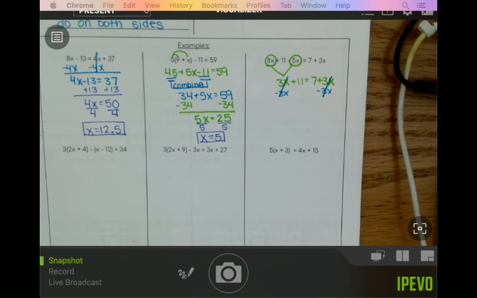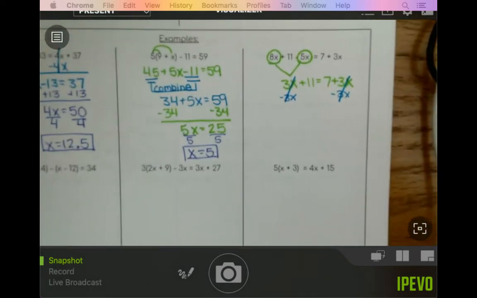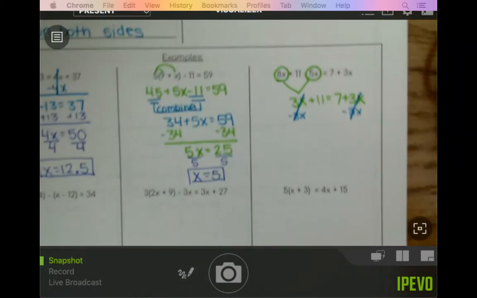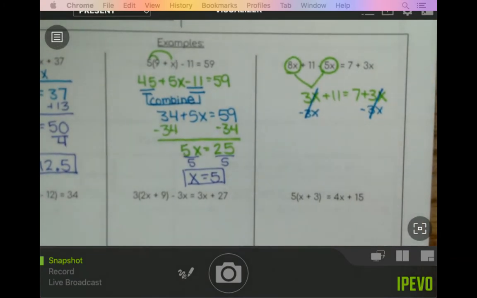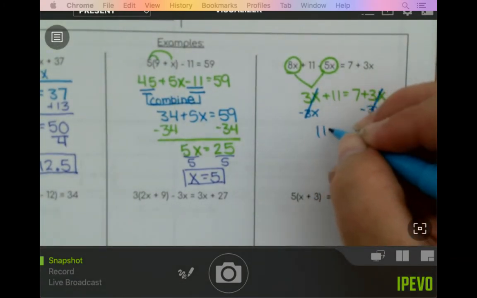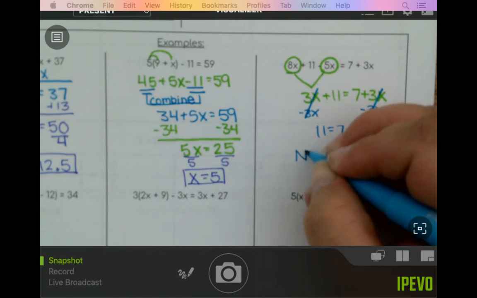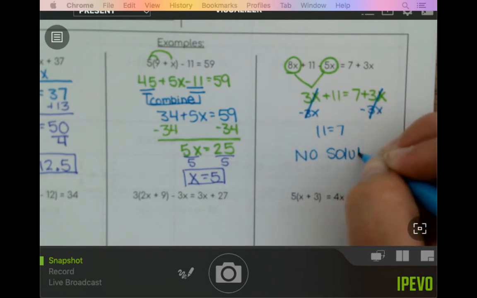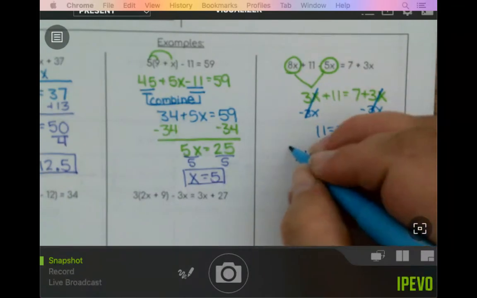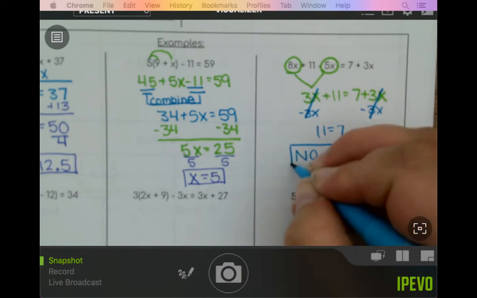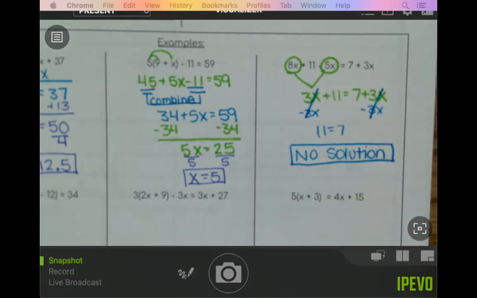So it's no solution. I see a couple people squinting, so I'm going to zoom in. 11 equals 7 is not part of your answer. I'm just writing it there because that's what's technically left.